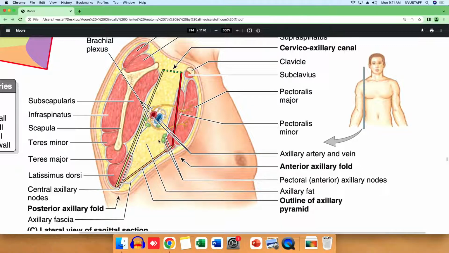As you can see here, the lymph nodes are represented in this region, which drain parts of the upper limb as well as parts of the chest. In females, the tissues of the breast will also be drained towards the axillary lymph nodes.